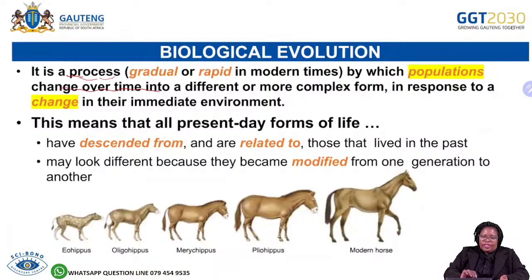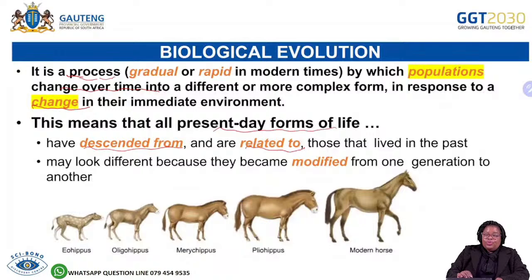It is a process by which populations change over time into a different, more complex form in response to changes in their immediate environment. So what does this mean to us? This means that all present day forms of life have descended from and are related to those that lived in the past.